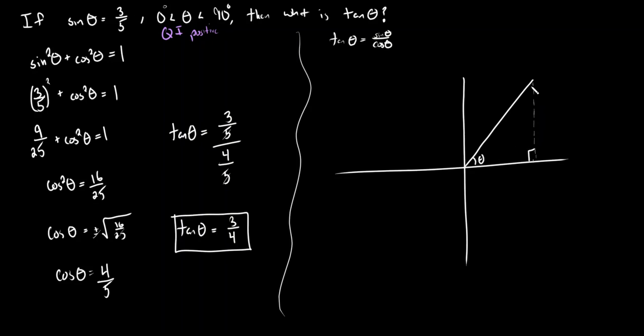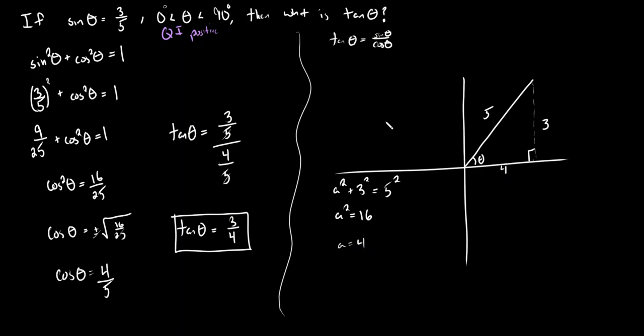And sine is opposite over hypotenuse, which means this is 3 over 5. And now I can use the Pythagorean theorem to find that missing side. So the missing side squared plus 3 squared is equal to 5 squared. And this is going to become a squared is equal to 16. I'm going to leave you to do that work on your own. This gets me a is 4. I'm going to leave it as positive 4 because we're in quadrant 1 where everything's positive.